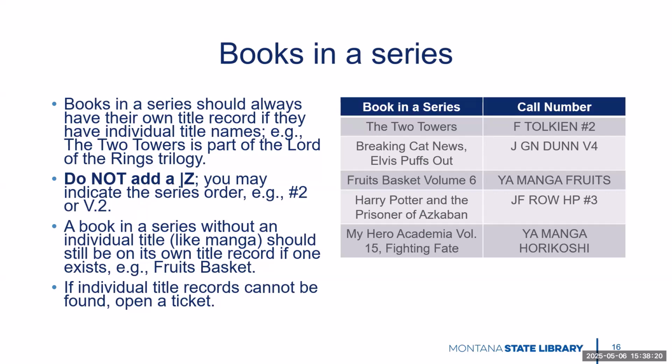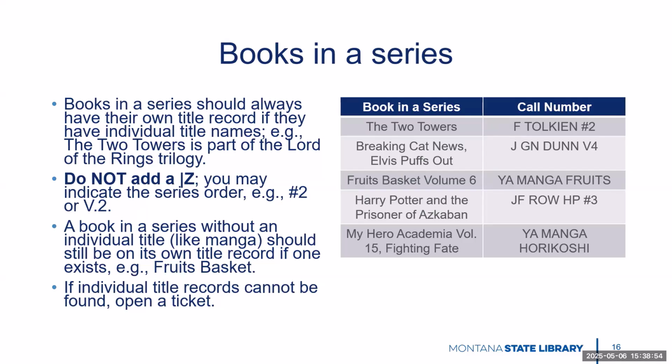In some rare cases, a group bib record may still be the best option, but we'll definitely confirm that with you so that we know we're doing the right thing. You'll notice in all the examples on the right, just to drive this home, that we're not using a bar Z call number analytic because the title record already indicates the series order or which item it is in a series.